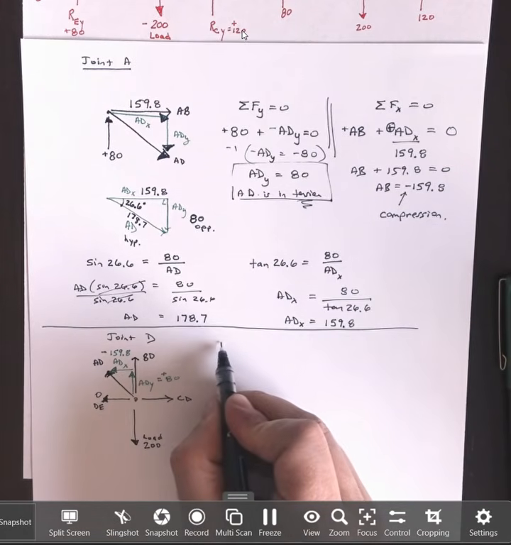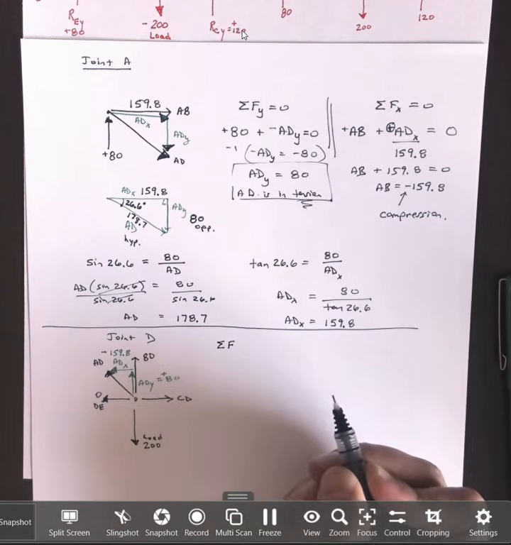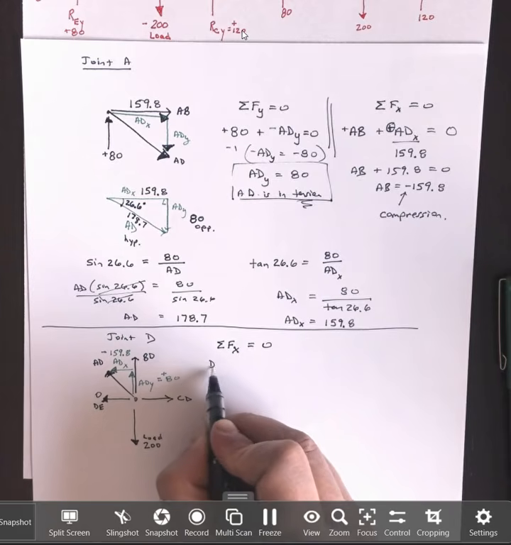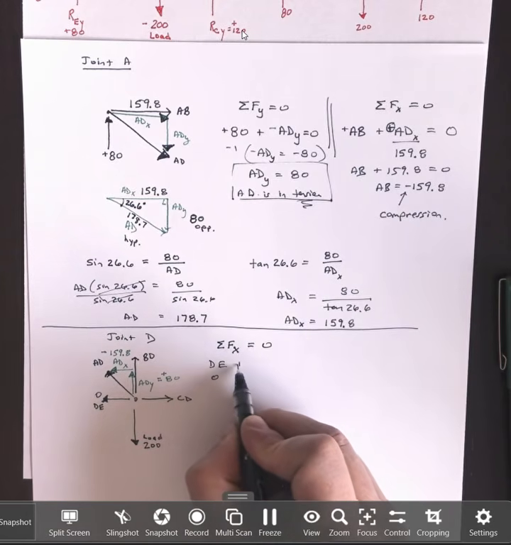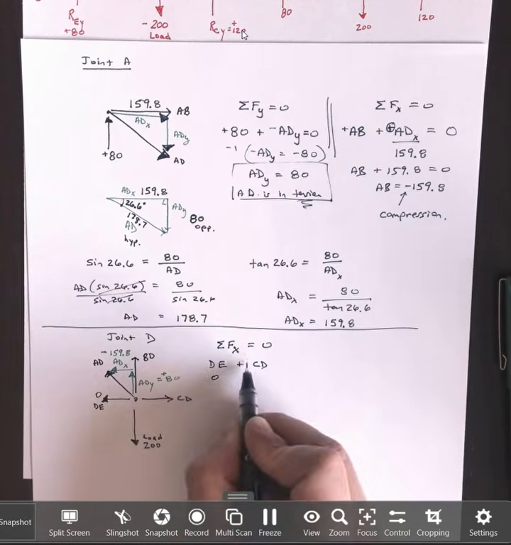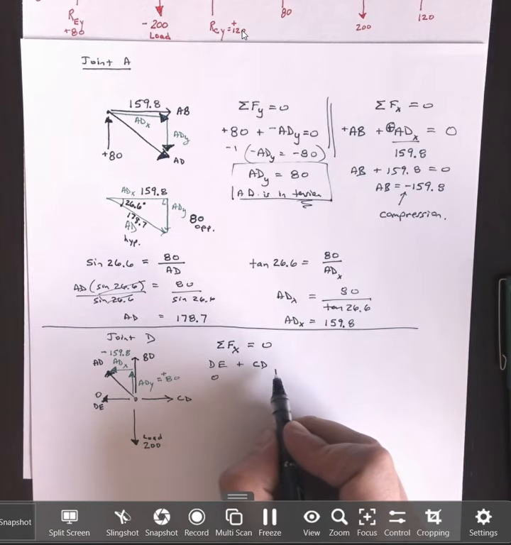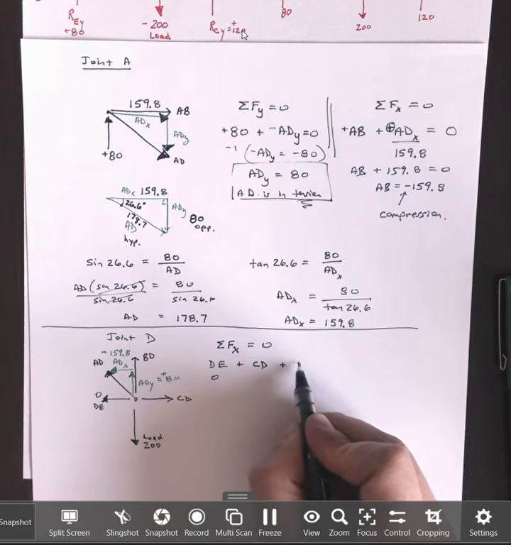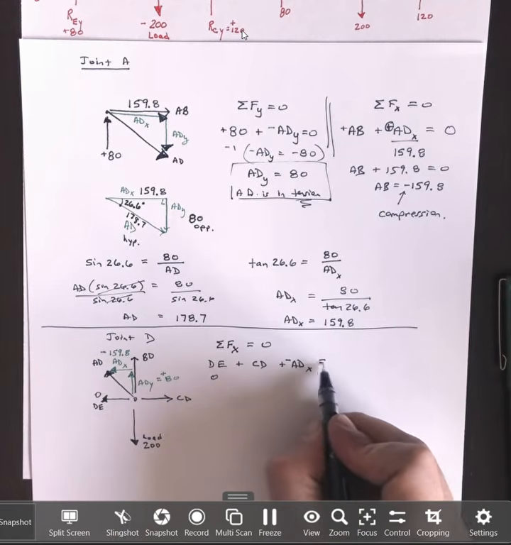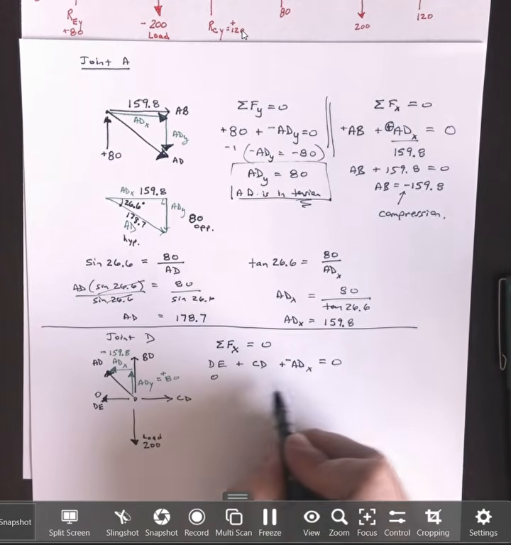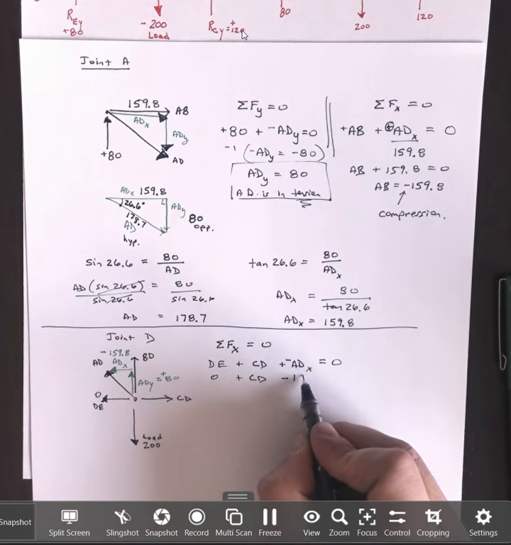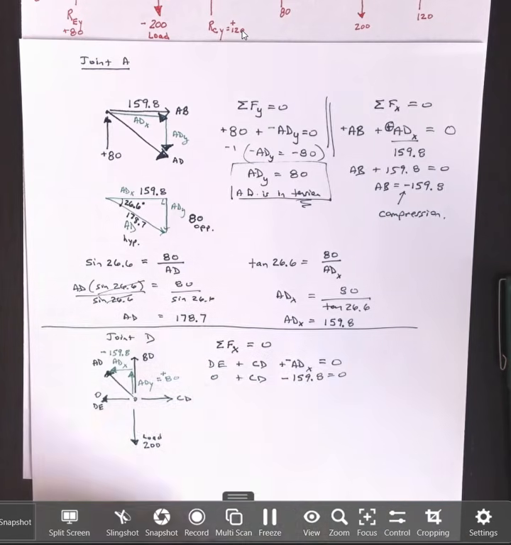So if we write out the sum of all our forces that are horizontal, they have to add up to equal 0. Horizontally we have DE, which is 0. We have CD, assumed tension, which means assumed right, which is assumed positive. And then ADX, which is known to be left, so negative 159.8.